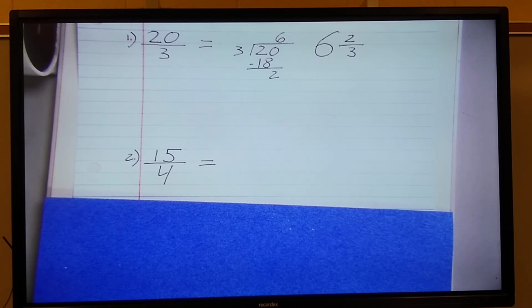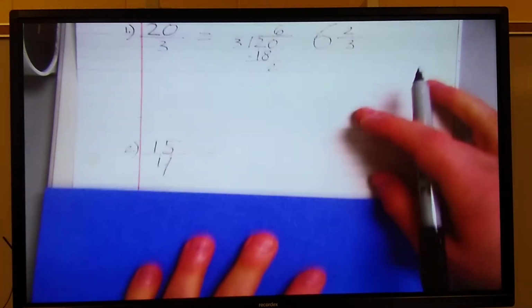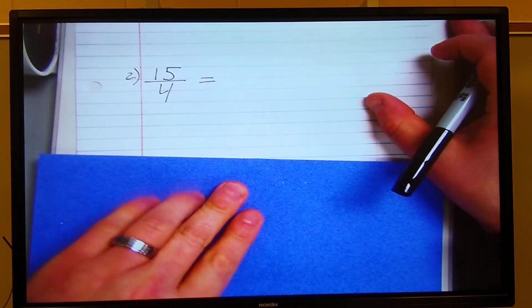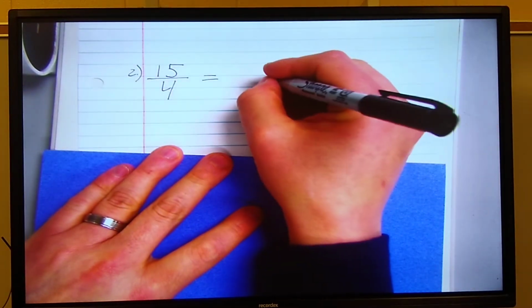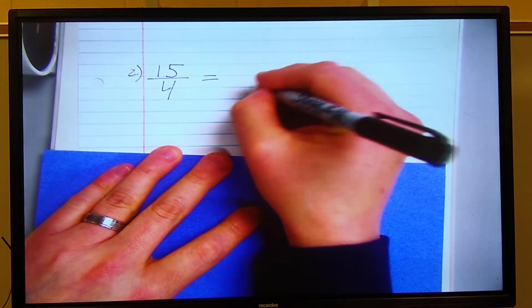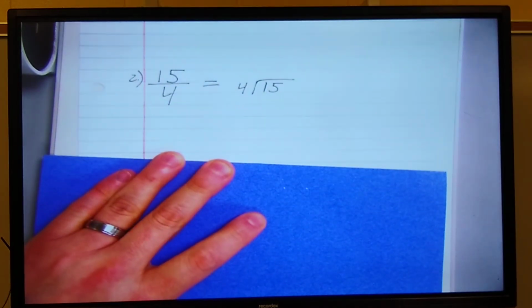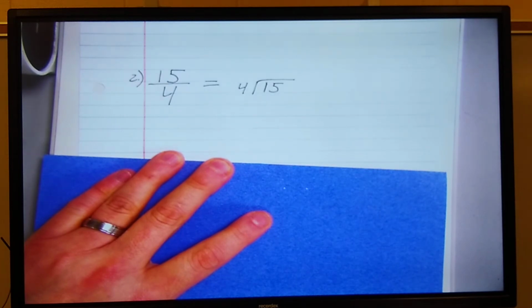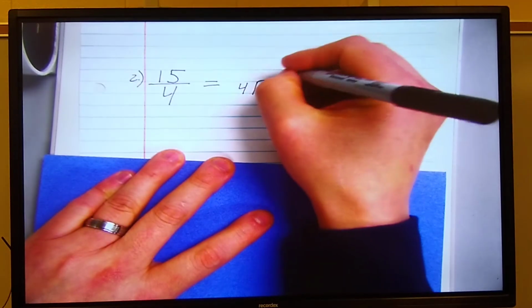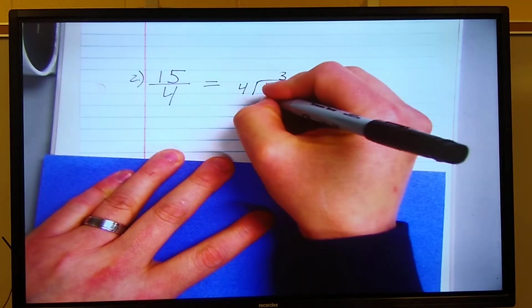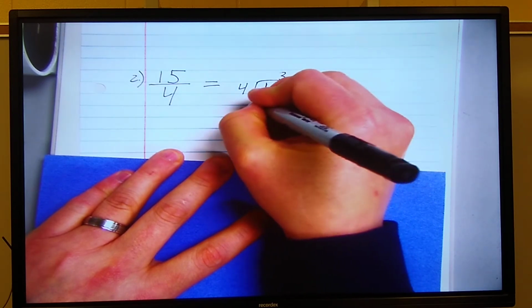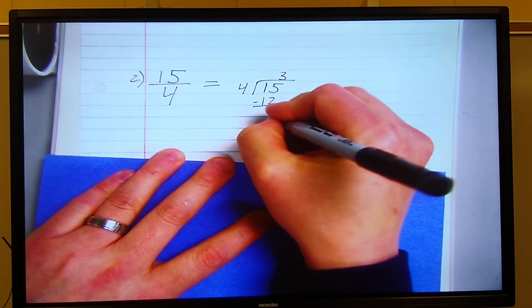All right, let's see how bad you did. All you have to do is divide. Numerator divided by denominator. 4 are going into 15. How many times? 3 times. 3 times 4 is 12. 15 minus 12 is 3.